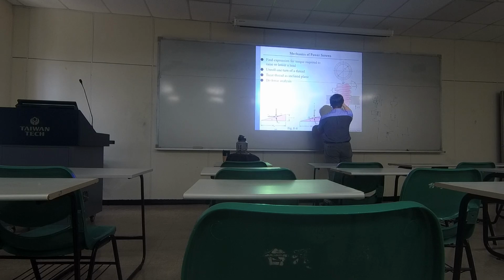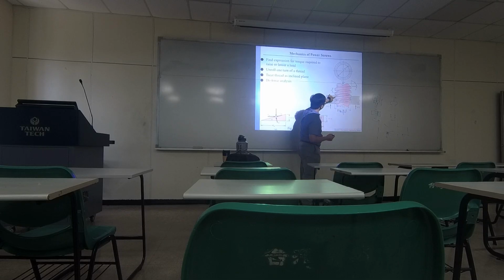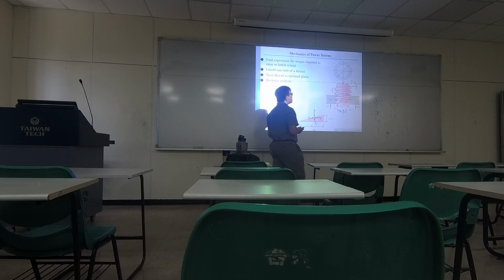There's a diameter at the middle, and that would be the pitch diameter. So let's stay on top of the pitch diameter and start walking. If you start from the left-hand side, take a walk and go to the same point, that's a helical curve.